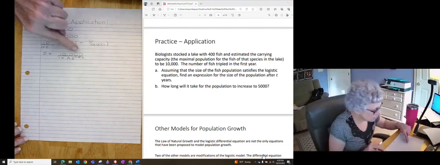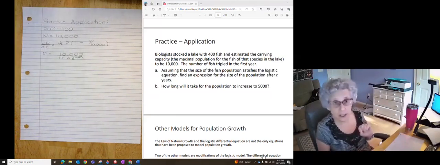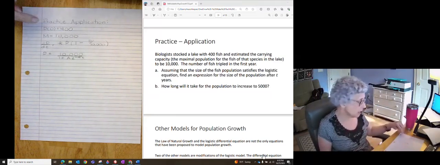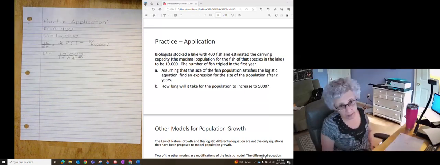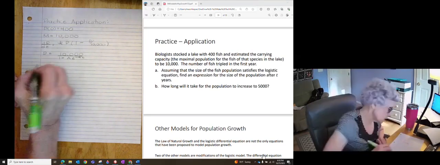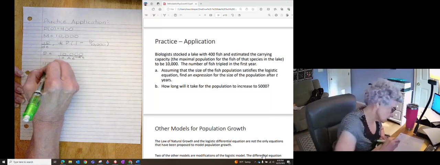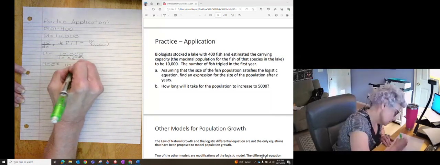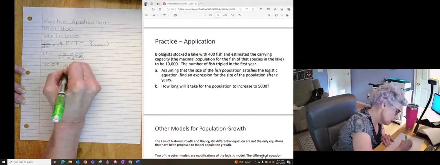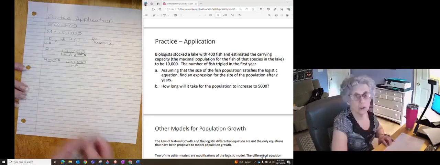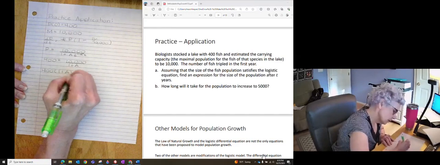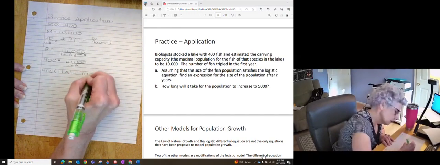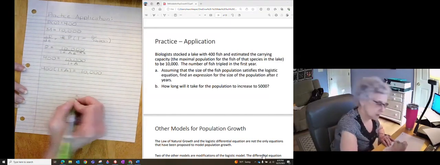Well, I don't need k to figure out what A is, because A is the value of the population when t is equal to 0. And when t is equal to 0, then e to the 0 is just 1. So 400 is equal to 10,000 over 1 plus A. So 400 times 1 plus A is 10,000.